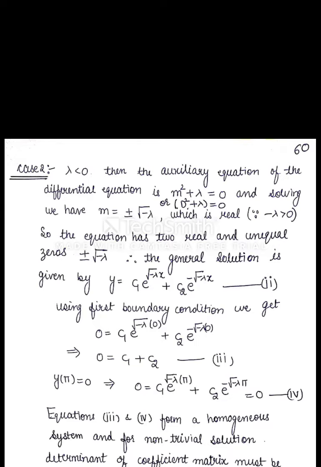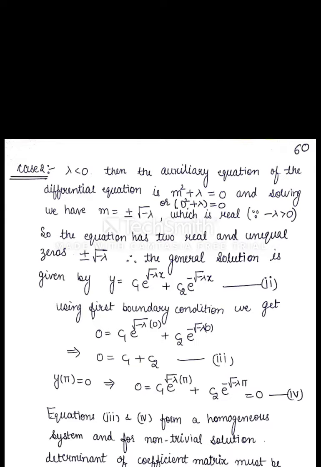If we solve this auxiliary equation, we get two different real values of m. That is, the equation has two real distinct zeros, namely ±√(−λ), because −λ is positive as we are considering λ negative. So √(−λ) must be a real number.